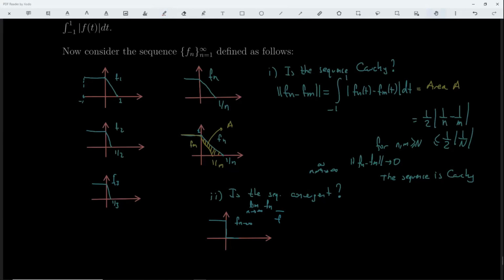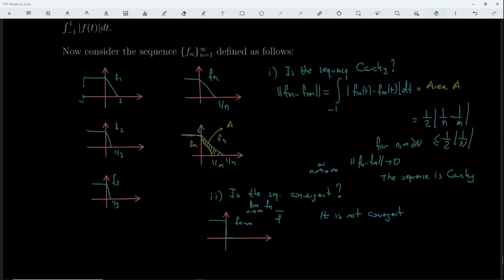But the sequence is not convergent. Do you see why is that? Let me write it down that it is not convergent. Can you tell me why? Every element in the sequence, as n goes to infinity, is getting closer to that f bar value.